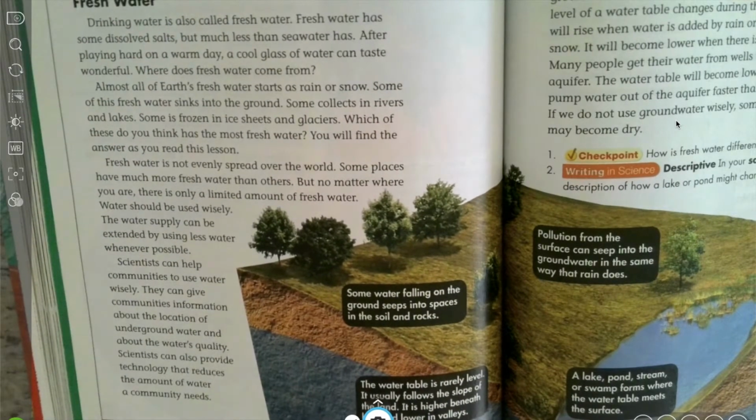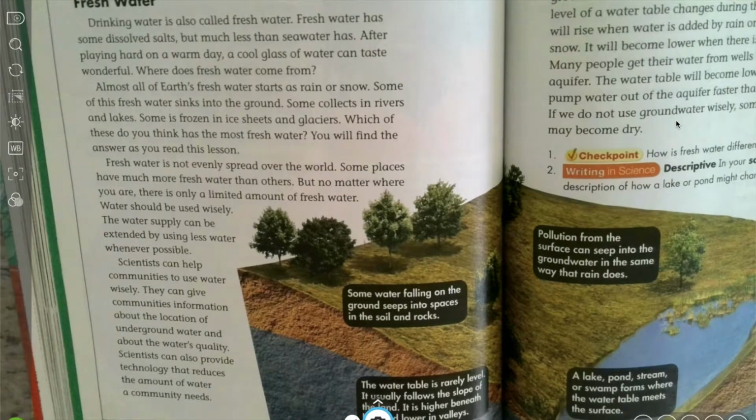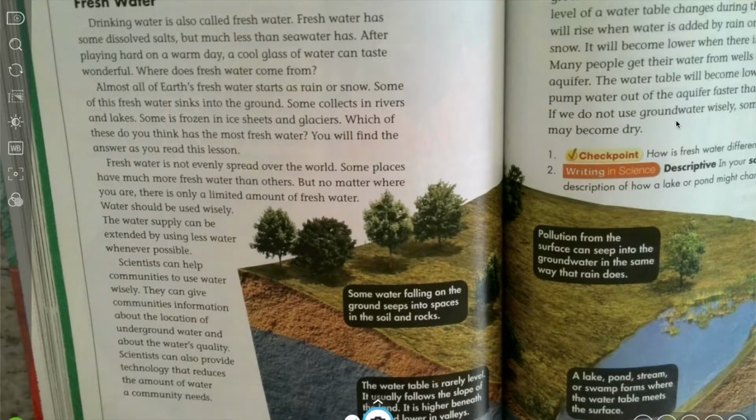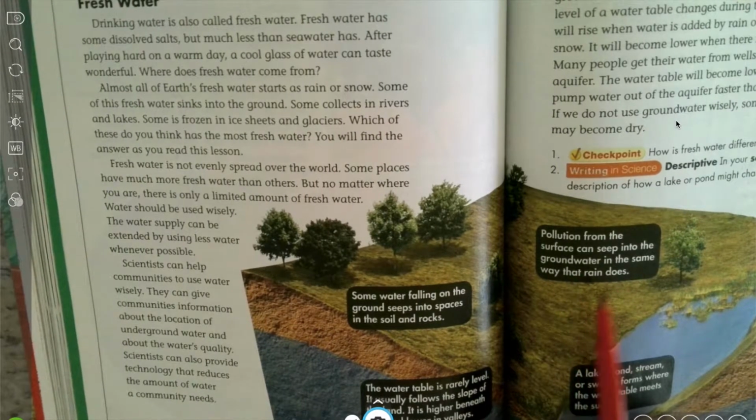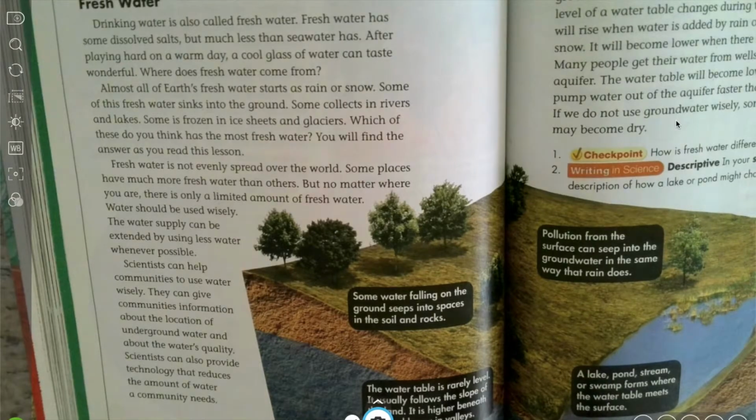Sometimes it can be higher or lower based on being in a hill or a valley. Pollution from the surface can seep into the groundwater in the same way that rain does. And then a lake, pond, and stream or swamp forms where the water table meets the surface. So we have to be really careful to keep that pollution out of all of the water that's sitting so that it stays fresh.